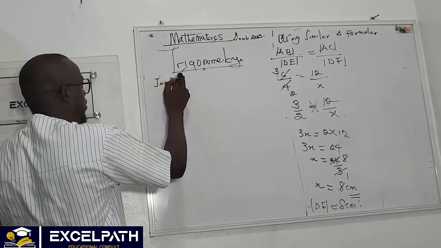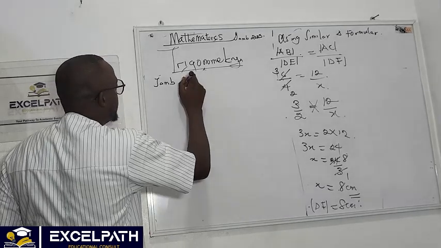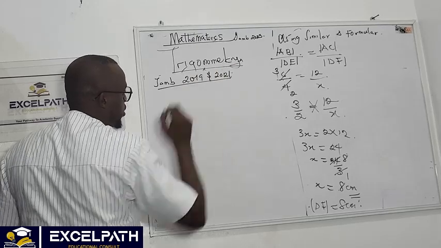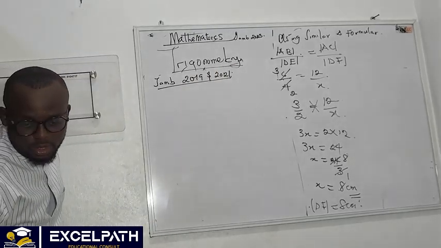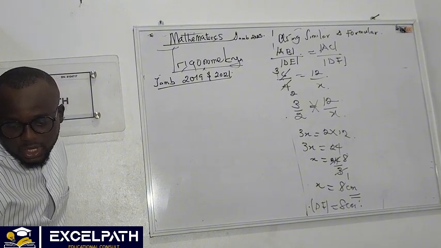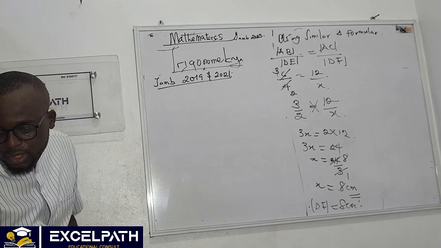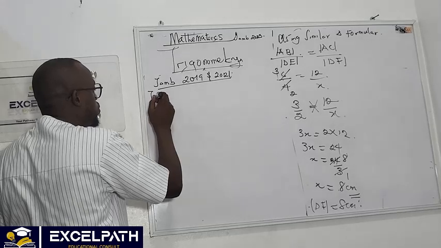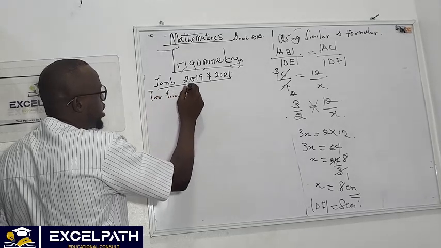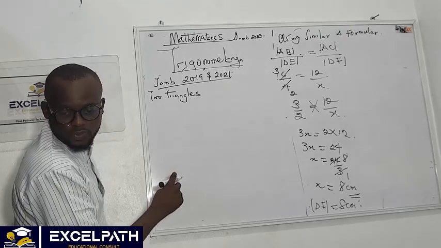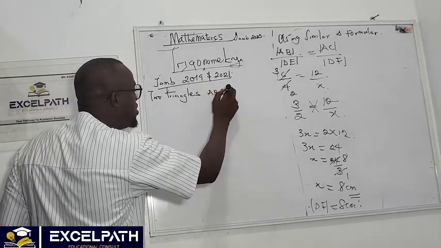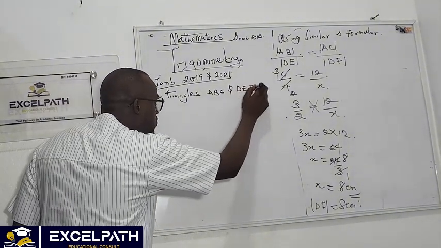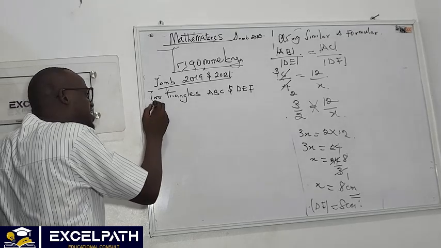JAMB 2019 and 2021. They said two triangles ABC and DEF are similar.